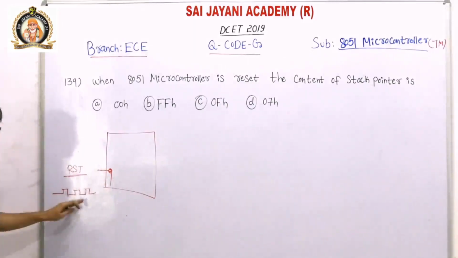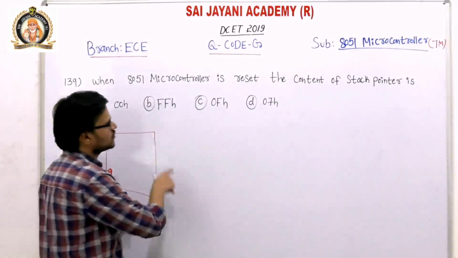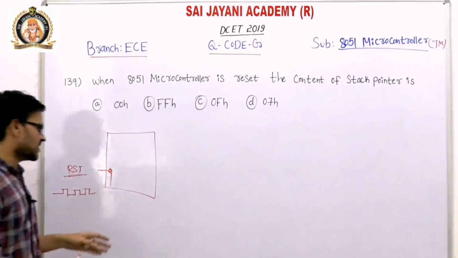When you give a square pulse to this pin, then the 8051 microcontroller terminates all its activities and becomes reset. I will say once again: when you give a square pulse to this pin, the microcontroller resets all its activities.